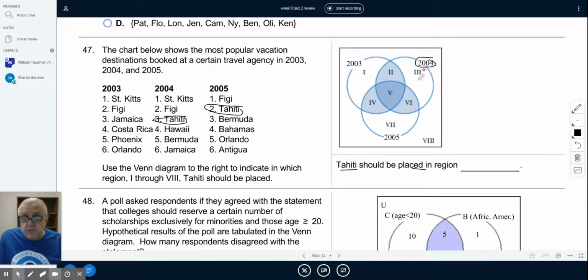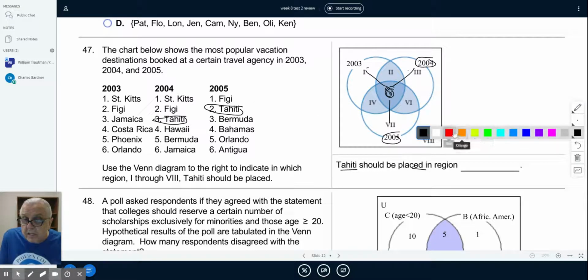Here's the circle for 2004. Here's the circle for 2005. This region is in all 3 sections. Do you see this region here is in 2004, 2005, and 2003. Tahiti's only in two sections, 2004 and 2005.